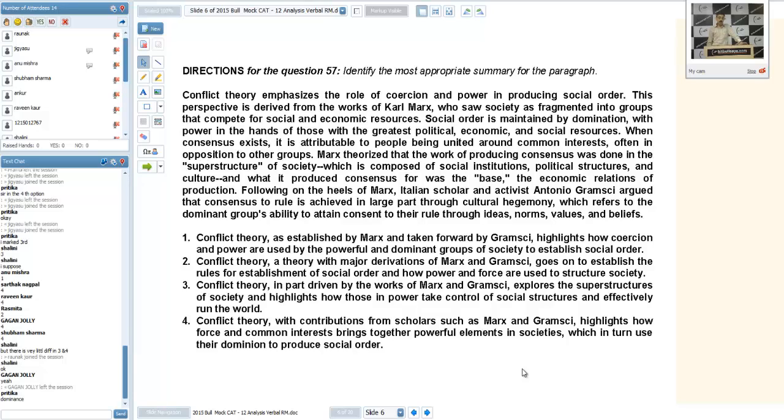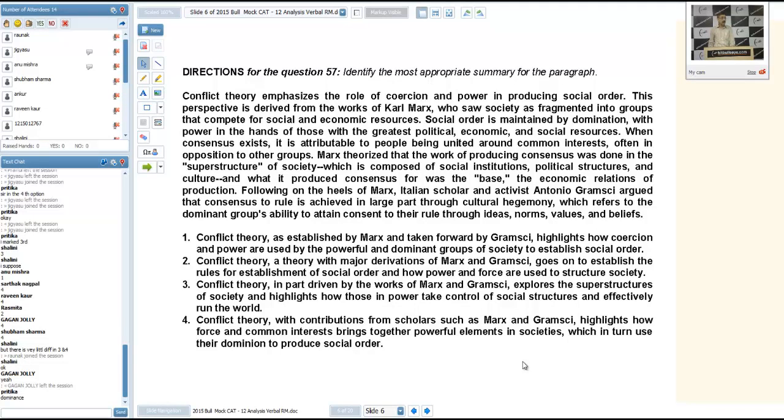So it talks about theory. Let's say in so many groups at one place, one group will gain the position because of coercion and power, the group which has the maximum number of resources under its control. That's what Karl Marx's theory is all about.